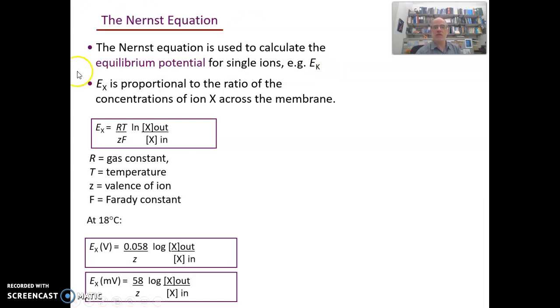The equilibrium potential for a given ion, which here we call X, is essentially proportional to the ratio of the concentration of that given ion across the membrane. The equation itself, the Nernst equation, is shown here.